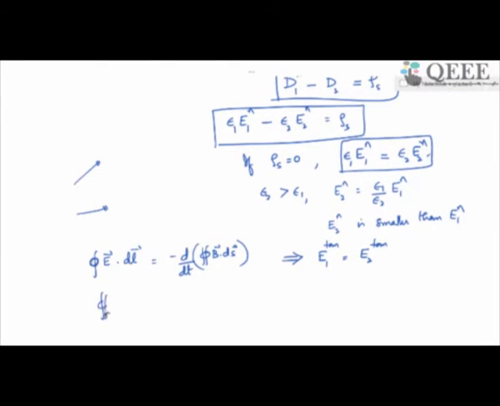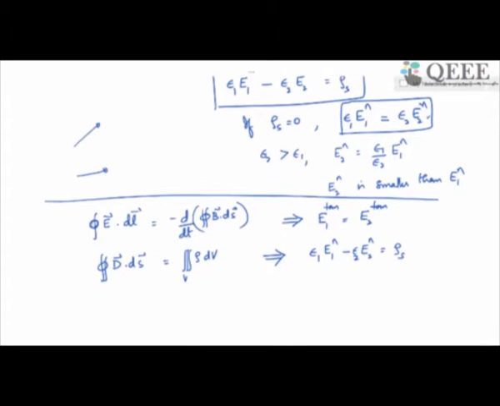Similarly, the closed surface integral of d dot ds, the net flux emanating from the surface, is equal to the charge enclosed by the surface. This gave me a boundary condition which said that epsilon 1 E1 normal minus epsilon 2 E2 normal is equal to rho s.